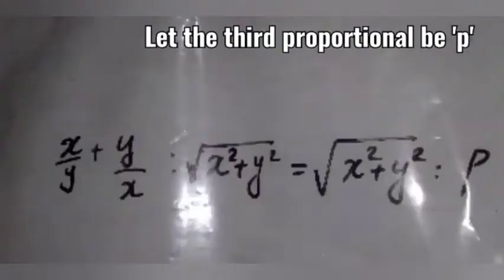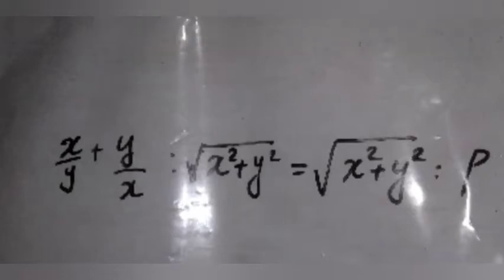So how can we write that? What is the condition? x by y plus y by x is to square root of x square plus y square is equal to square root of x square plus y square is to p. That is the condition for third proportional.